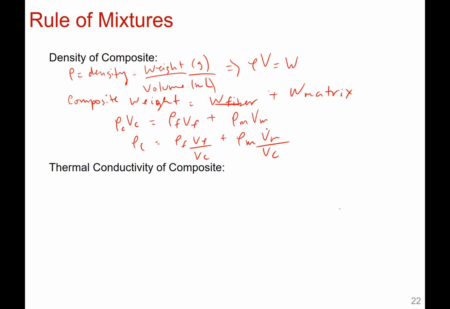And so this is just the volume fraction. So once again, it's just a rule of mixture.